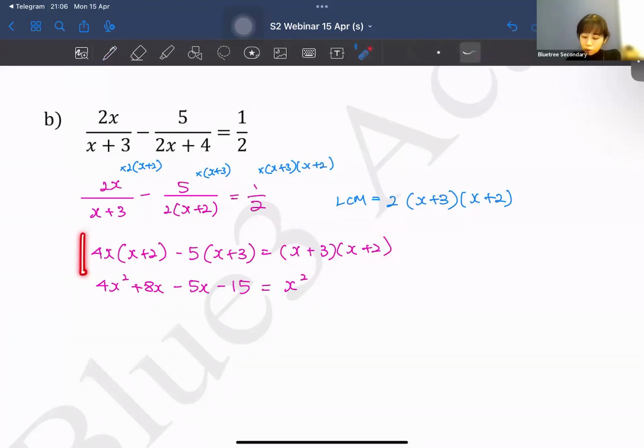The front part, sorry, forgot to say, for the front part I just use the set 1 rainbow method. From here, I'm going to simplify this left-hand side first by combining the 8x and the minus 5x. And then I'm going to concurrently move all these terms to the left, so just reverse the positive to negative and negative to positive.